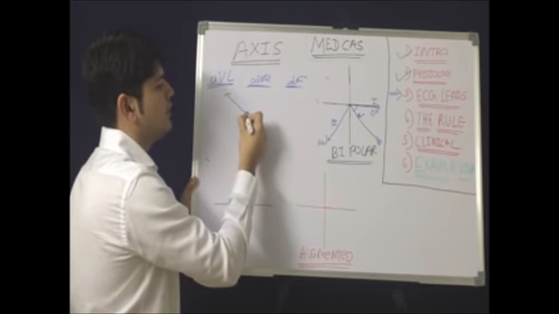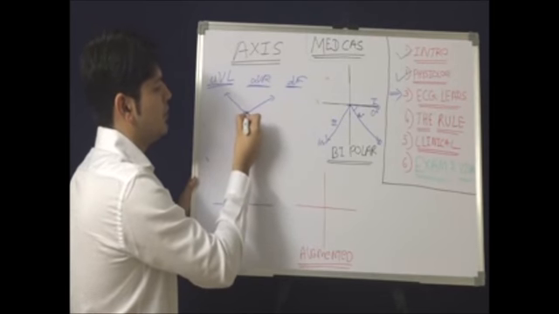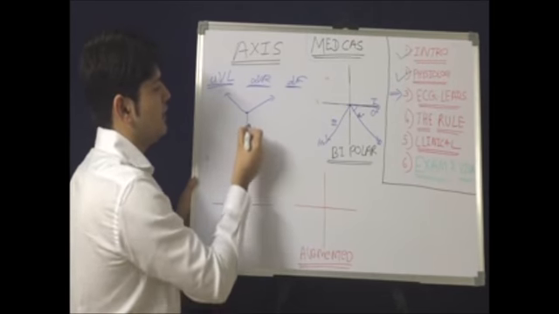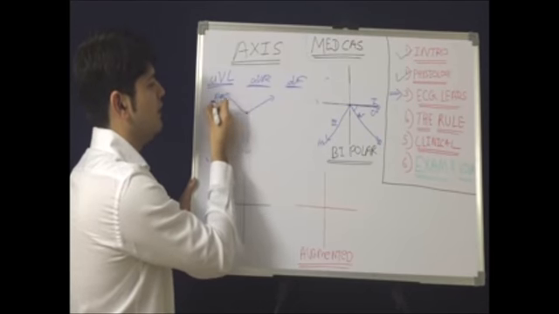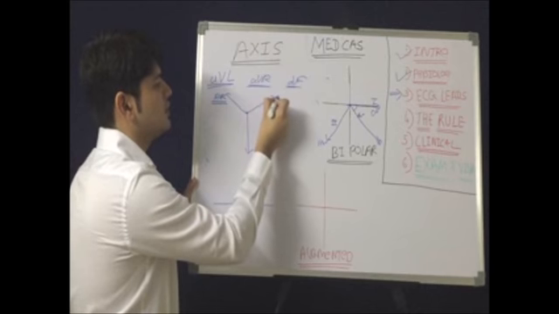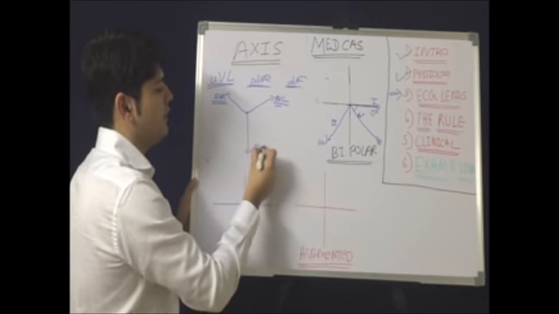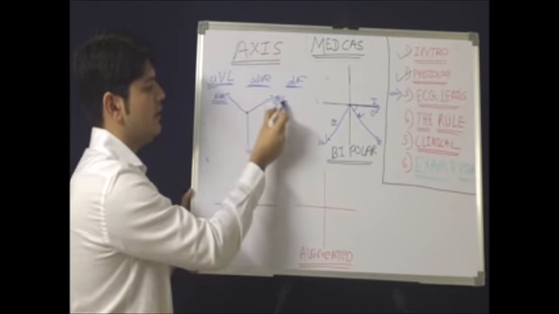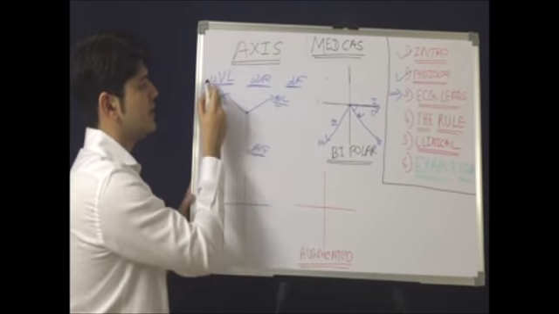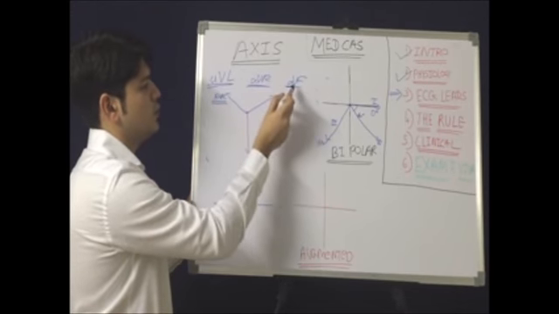From the center of the body towards the right is AVR, and from the center of the body towards the foot is AVF. So these are the three leads to understand: AVR, AVL, and AVF. These are the augmented vectors towards the left, towards the right, and towards the foot.